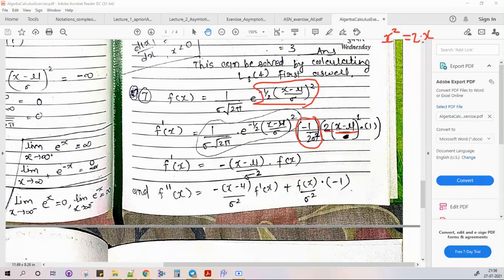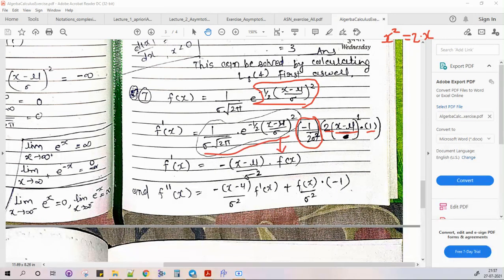Sorry, pure function. So x minus mu would be again 1, right? So that's how we take it from outside to inside, and we go into the depth there where we have just x left, correct? So that's how you get the differentiation f dash x, and this part is nothing but f of x.